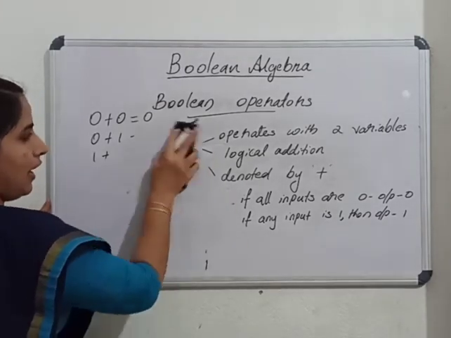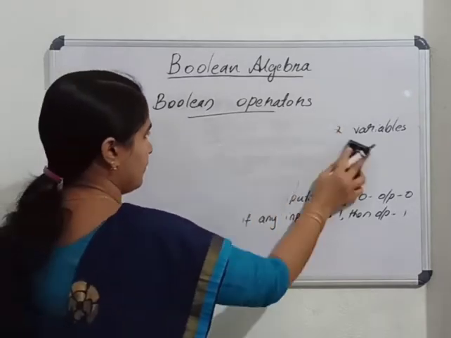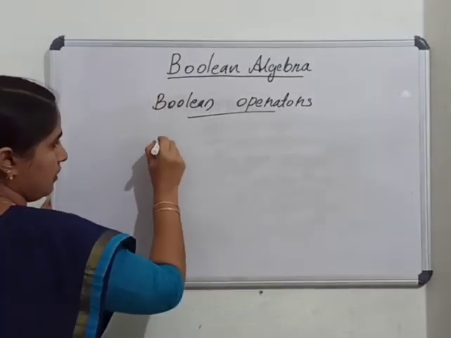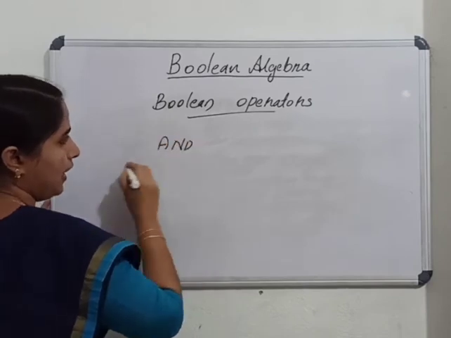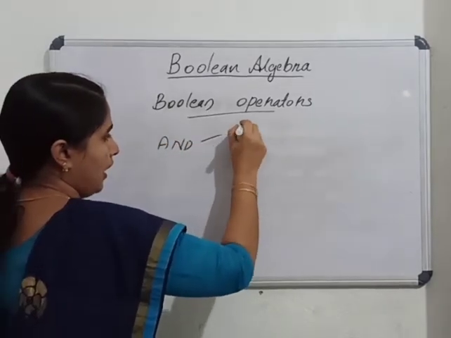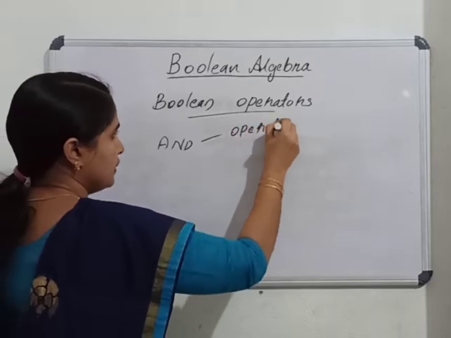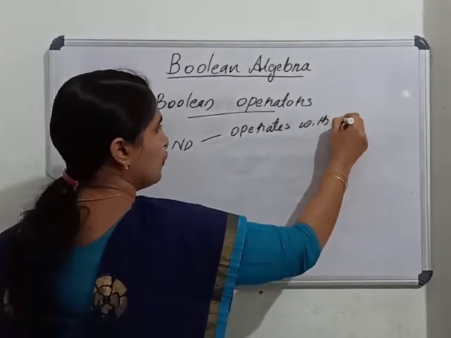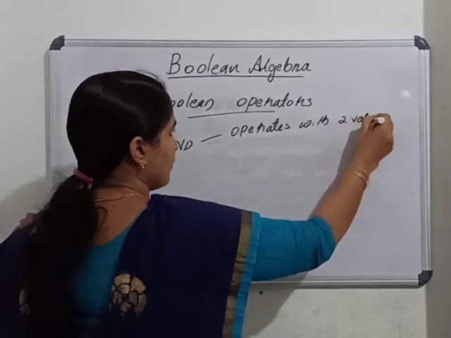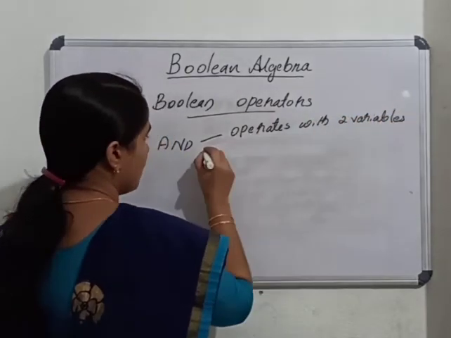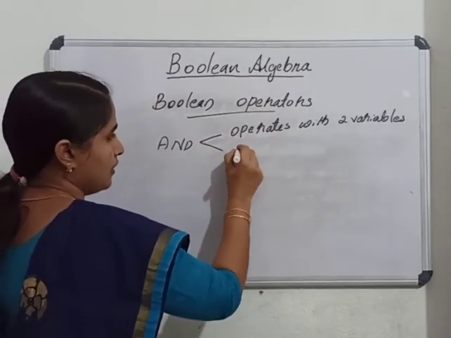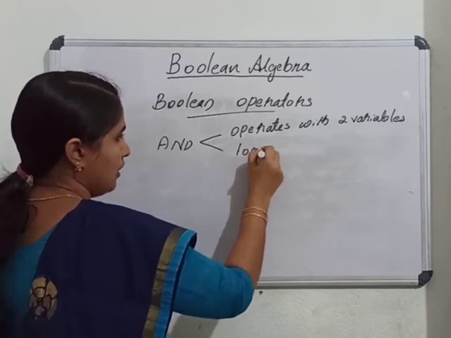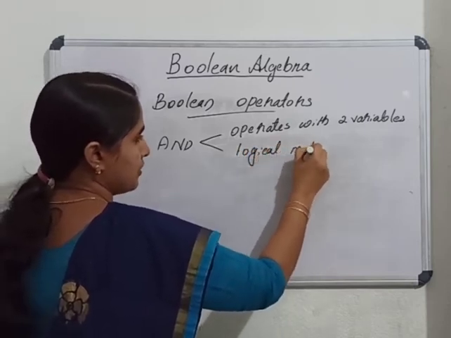Next is AND operator. The points are, AND operator also operates with two variables and it is actually known as logical multiplication.